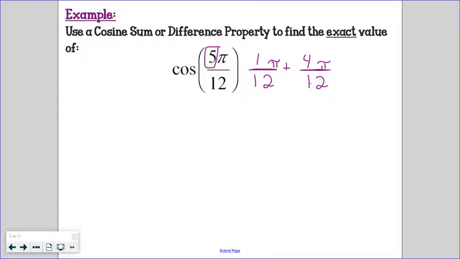You need to pick numbers so that the resulting fraction, like 4 over 12, will simplify. Now, 4 over 12 does simplify, but we need both fractions to simplify. 1 over 12 does not. So the decision of 1 plus 4 to give me 5 is not a good choice because that second fraction does not simplify. Why do I care that it simplifies?